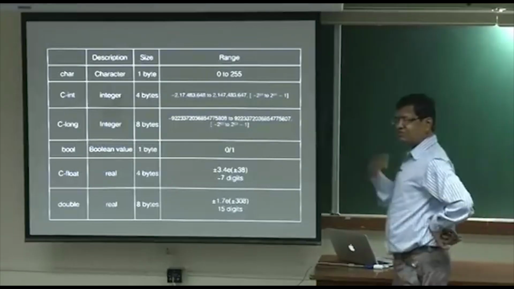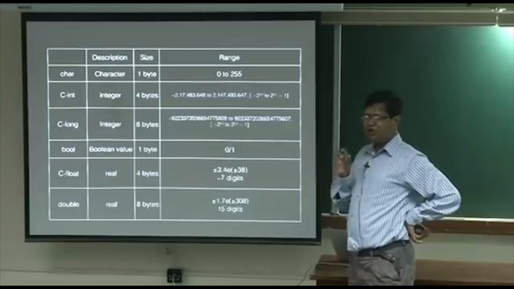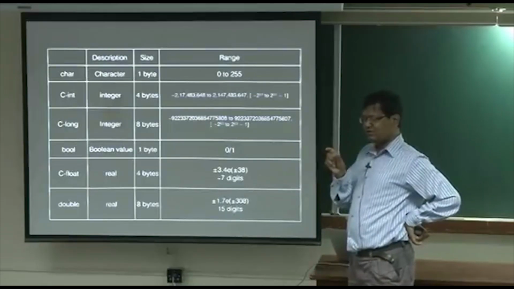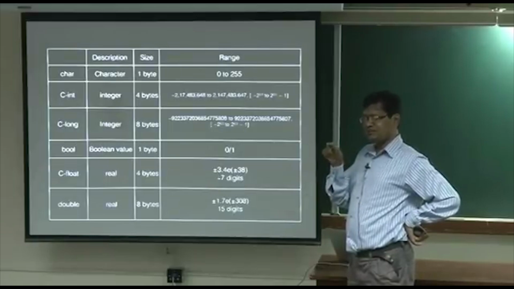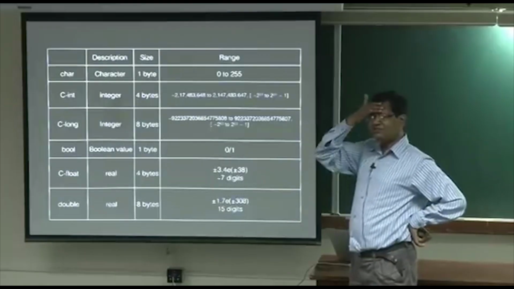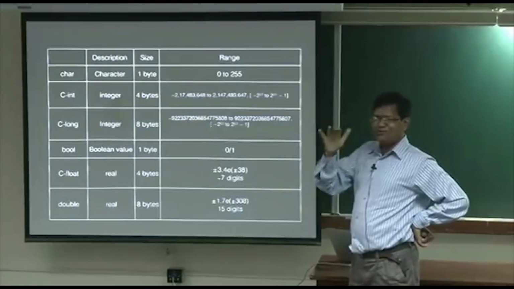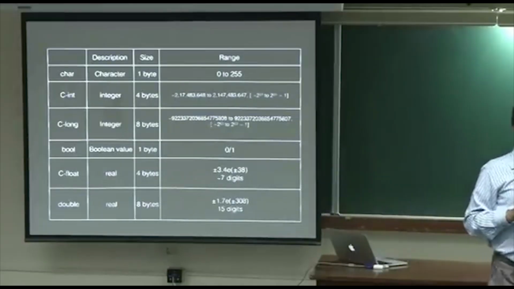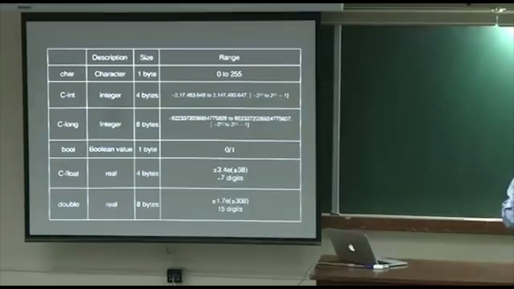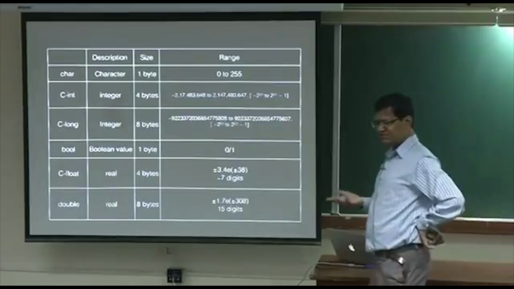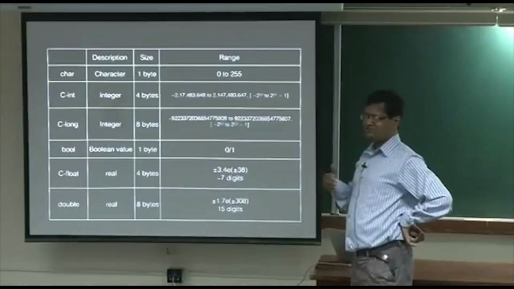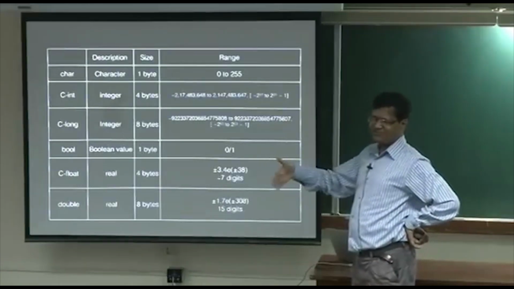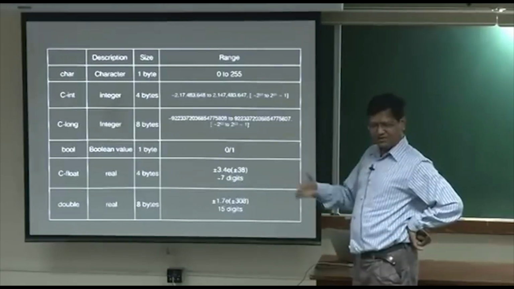So you send a code instead. Because of all these different languages, characters are now stored as 2 bytes. So 2 to the power 16 characters, and how much is 2 to the power 16? I will tell you a number: 2 to the power 10 is roughly 1000. So 2 to the power 16 will be 2 to the power 6 into 2 to the power 10, about 64,000. So you can store 64,000 characters in modern systems. This is called Unicode. So Unicode is 2 bytes per character.